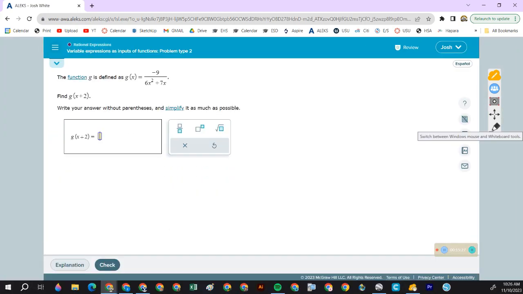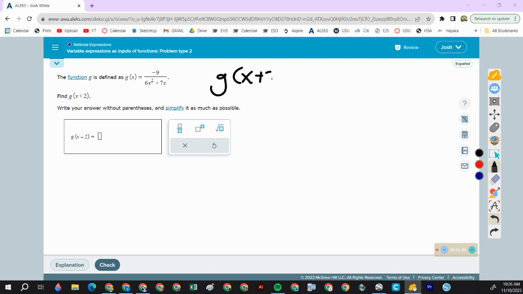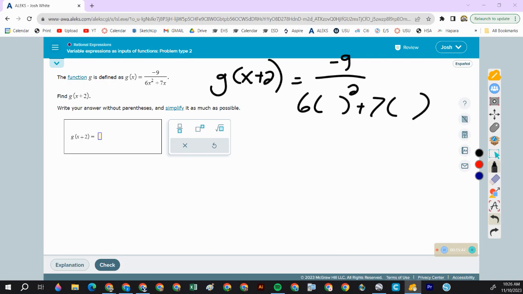All right. What is g of x plus 2? Well, everywhere I see an x, I'm going to replace it with x plus 2. So g of x plus 2 is just -9 over 6 times something squared plus 7 times that same something, and the something is x plus 2.